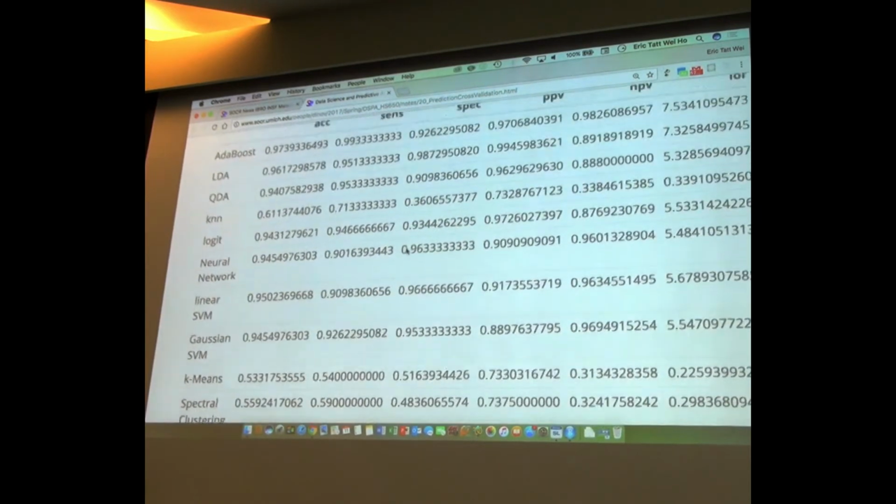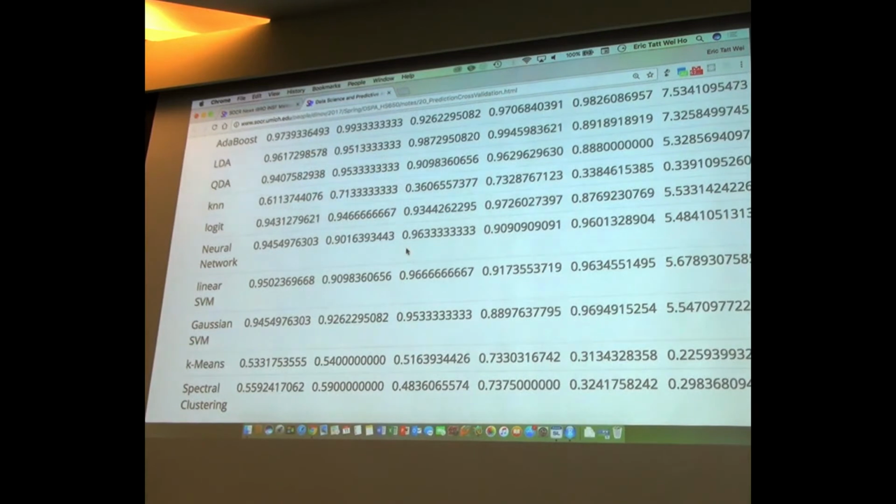That's the typical table from which I extract the best approach for papers.